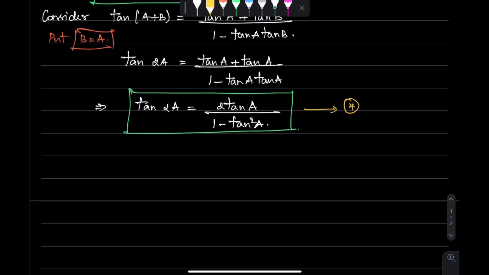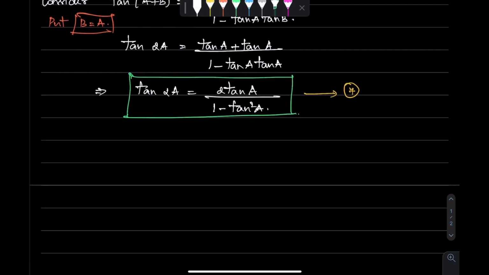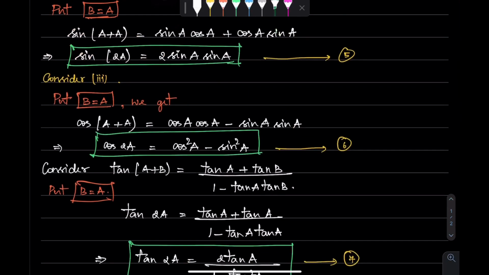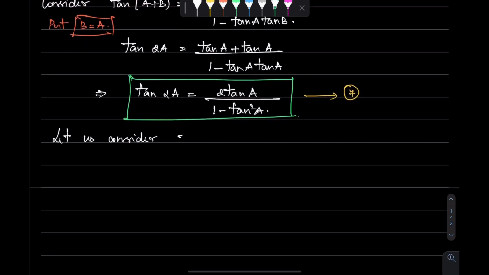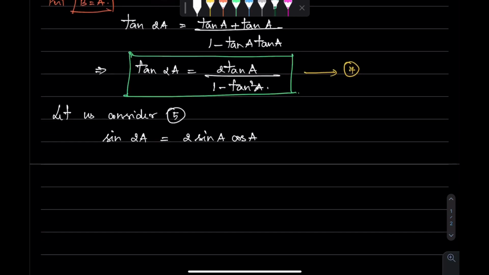So let us consider the fifth expression, which is nothing but what? Yes, sine 2a. What is sine 2a we got actually? We got it as 2 sine a cos a. So I'm going to express this in terms of tan.